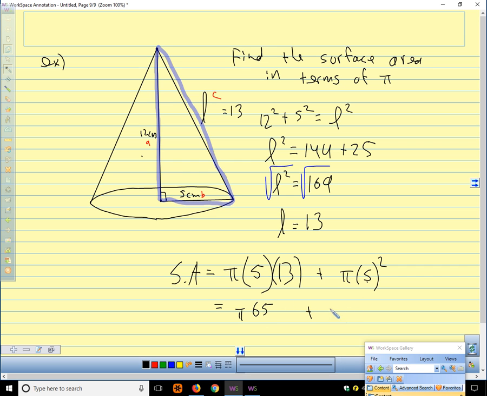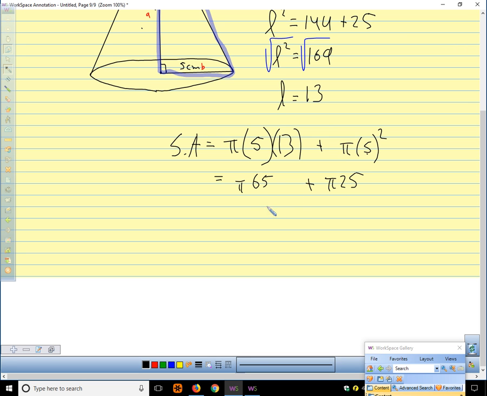Pi times 5 squared is pi times 25. And I can add these just like I add 65x plus 25x. 65 plus 25 is 90. And I have the pi still out there. So I get 90 pi square centimeters. So that would be my surface area in terms of pi.